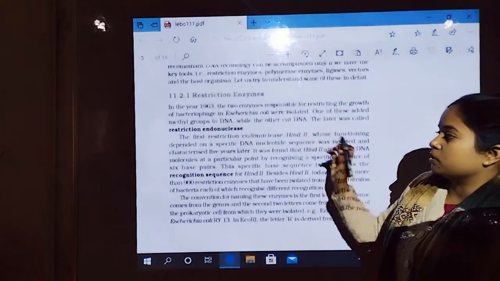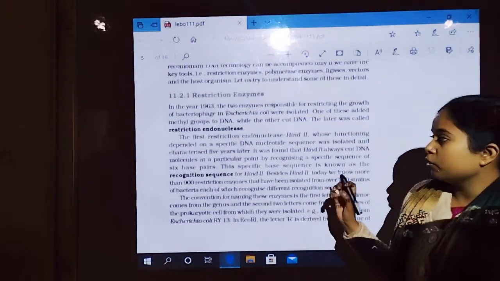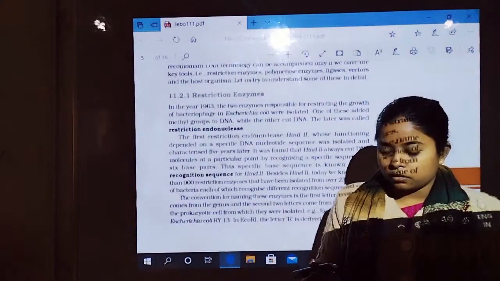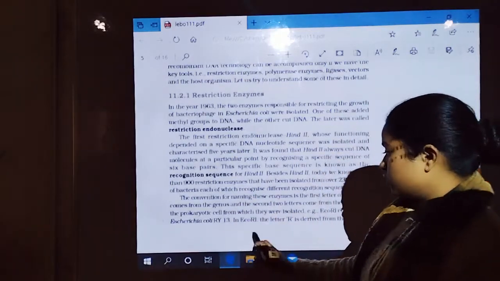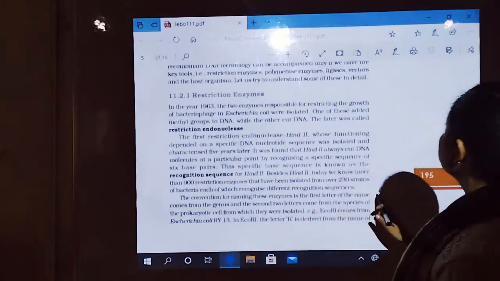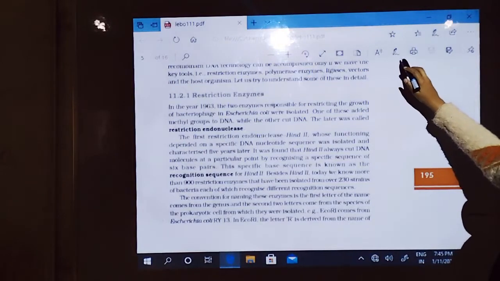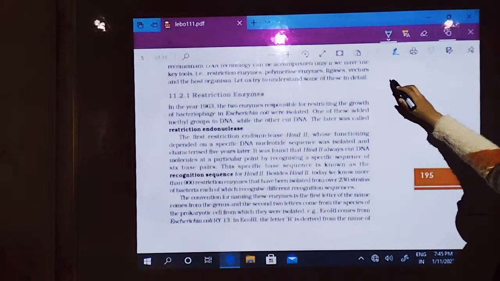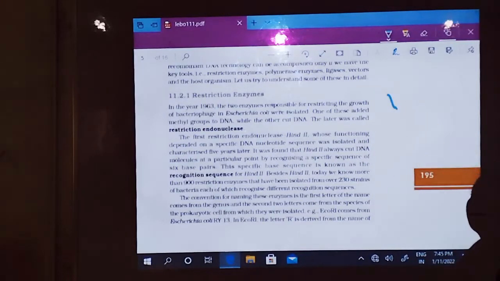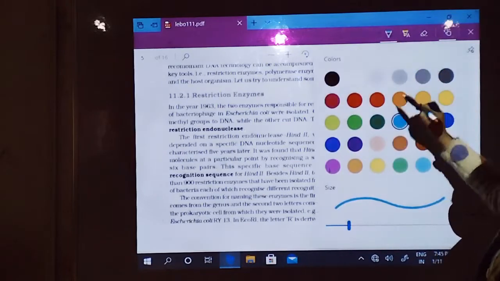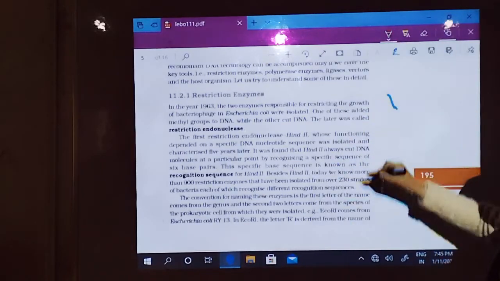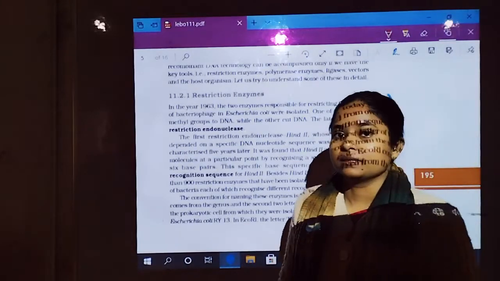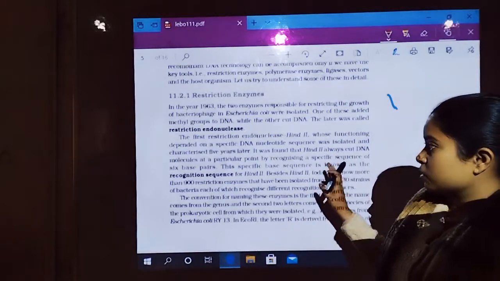Okay, we are going to understand the meaning of restriction enzyme.